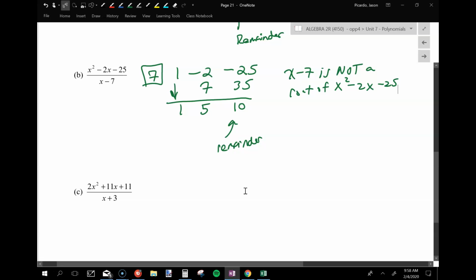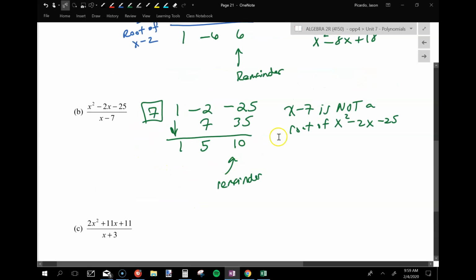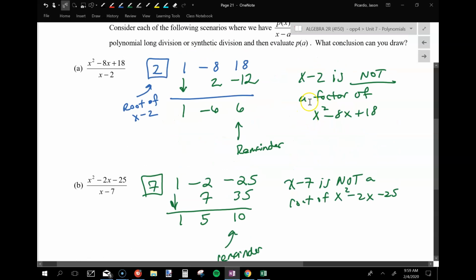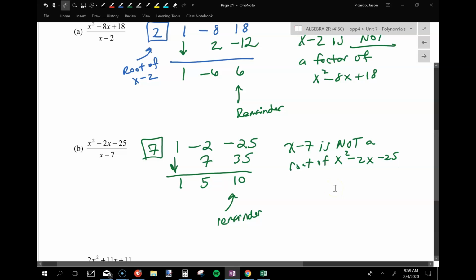What's the difference between root and factor? A root is what you get when you set a factor. Yeah, but you said factor up there. You said x minus 2 isn't a factor of x. Correct. Because this did not divide into that evenly. Yeah, but now you're saying x minus 7 is not a root. Oh, sorry. Okay.